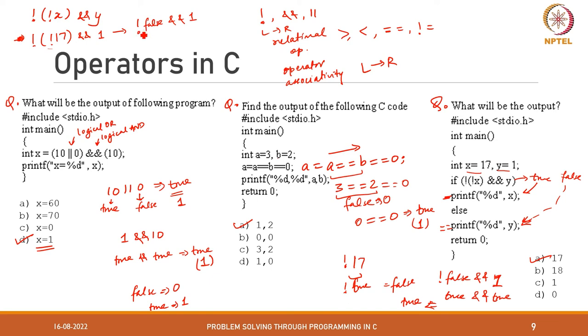It is acting on false, so it will become true, because not of false is true, and then and 1. 1 is also true, because it's non-zero. So basically you are evaluating true and true. Both are true, so the return value from this operation will be true.